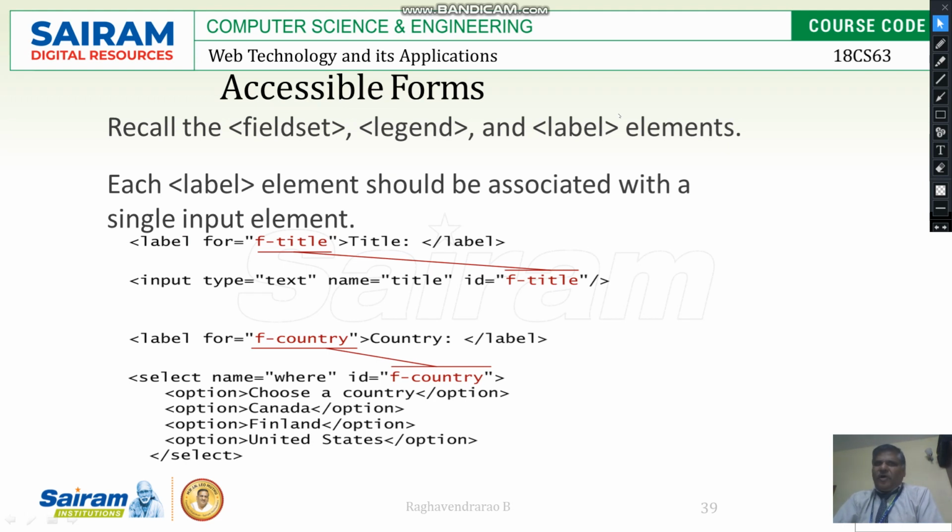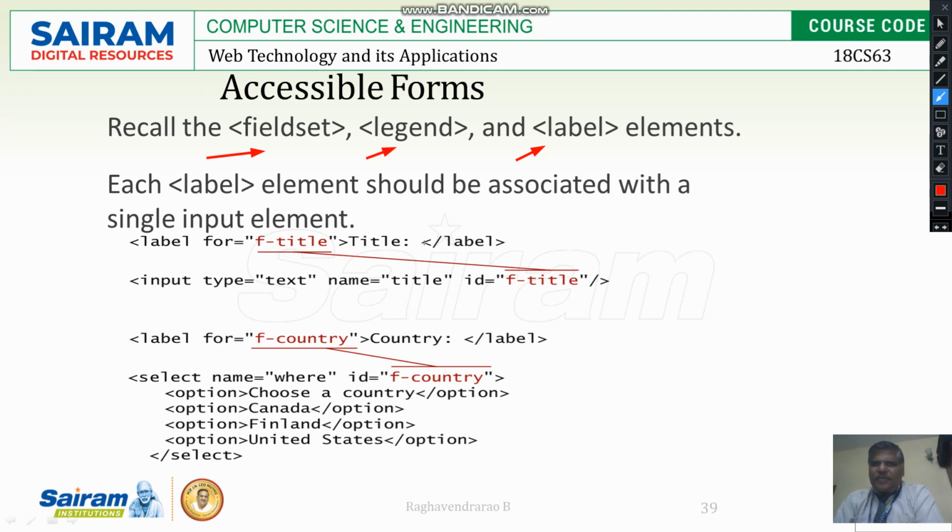Now, how do you access the form basically? The important things here are fieldset, legend, and labels. So here is the label form. As I said, you can create labels. Here is a single input, and a label is written like this for title.